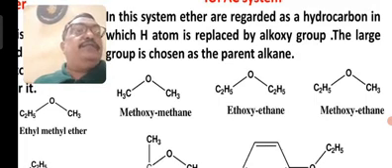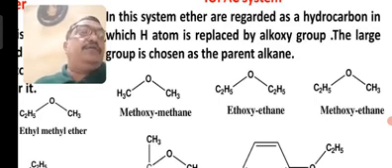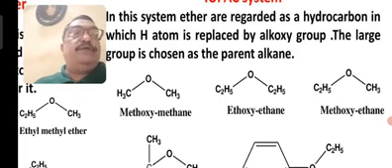So you can write this as methoxyethane, but not ethoxymethane, because the largest hydrocarbon name is written at the end. So CH3O is a methoxy group attached to the longest carbon chain C2H5, right?